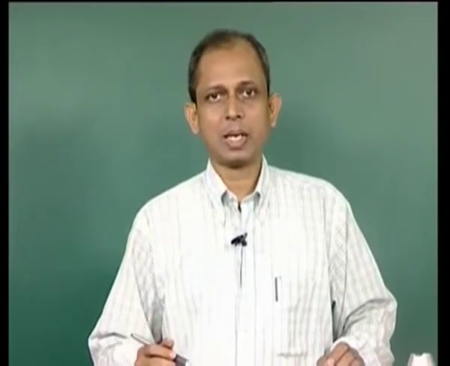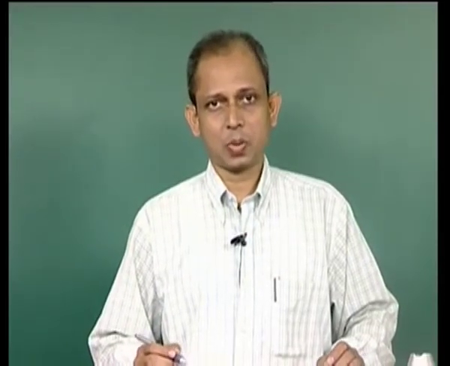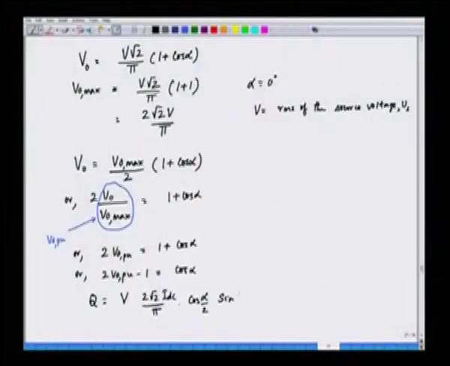So, we will again multiply by alpha by 2, sine of alpha by 2. So, we have sine alpha by 2 here, and that is equal to root 2 V by pi into IDC into sine alpha, and that is equal to, we can say, Q maximum into sine alpha, because the reactive power here is maximum when alpha is pi by 2.